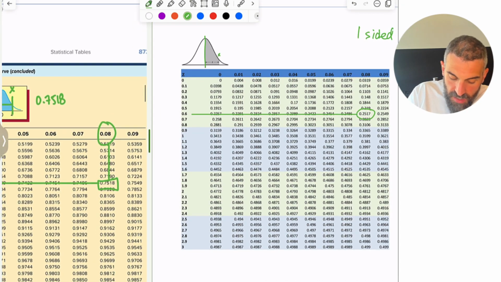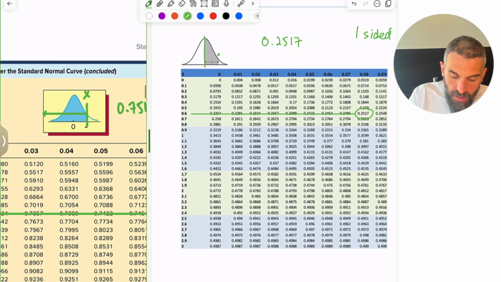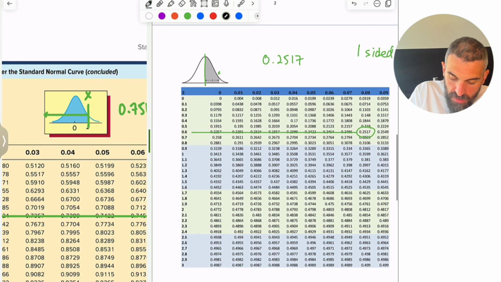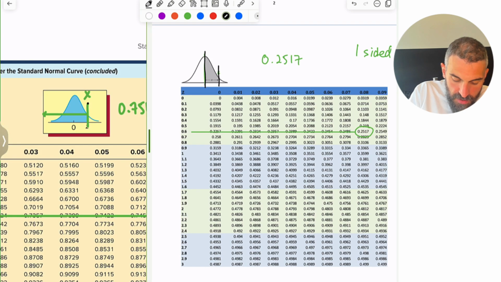So these are slightly different tables, but basically the difference between the table on the right and the table on the left is 0.5. Because if you look at the images, right? One of them stops at the middle, so it tells you the area between, and one of them goes all the way to the left, so it tells you the whole thing. So again, there isn't a right or a wrong one. It really depends on which one you use.